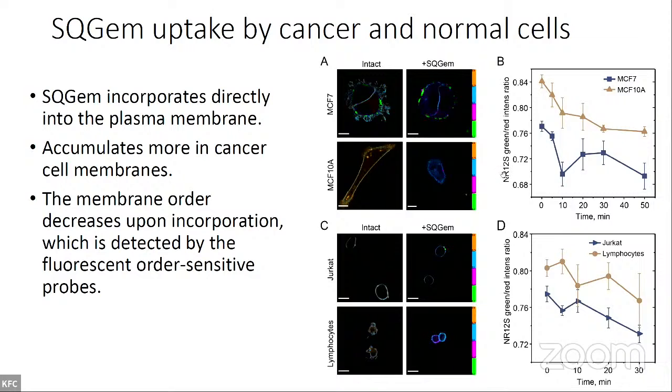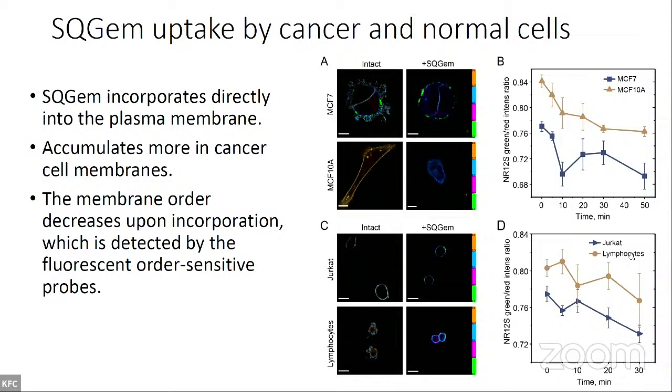There are several probes which incorporate into the membrane and which are sensitive to the membrane composition and membrane order. If your drug also incorporates into the membrane, this probe will sense the changes in the order, because as we saw before, the order changes a lot when something is incorporated into the membrane. This is the result. This is a normal cell line. This is a cancer cell line.